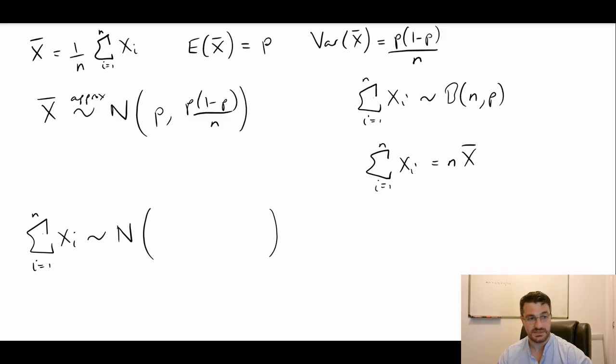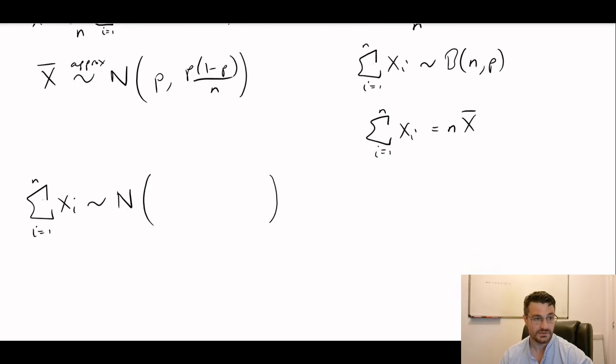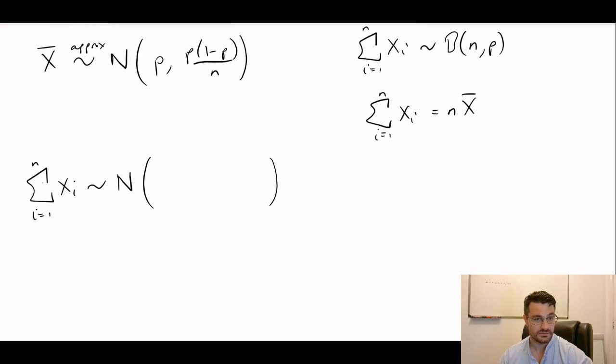Because n x bar is basically just a scaled version of x bar. So if x bar has a normal distribution, then n x bar will also have a normal distribution. Or rather, x bar has an approximate normal distribution, maybe I should say, so n x bar will also have an approximate normal distribution. But I need to figure out what the parameters are.